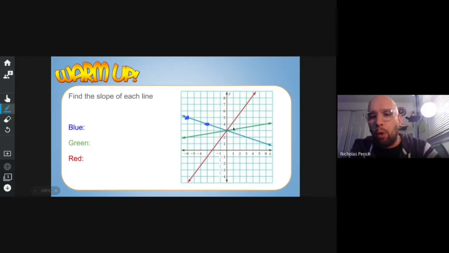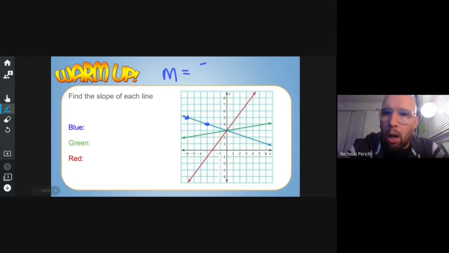Now that blue line is negative. Remember, slope is rise over run. So I'm going to see how much I count up, and how much I count over, and that's going to end up being my slope.